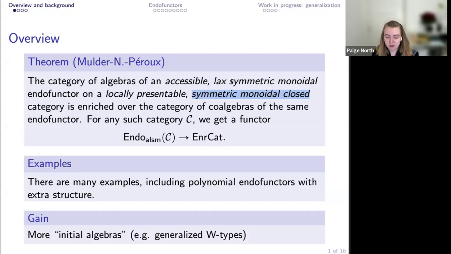And we also want the functor to be lax symmetric monoidal so that our category of coalgebras is symmetric monoidal, and then we can enrich in that. And we also assume that the underlying category is locally presentable and that the functor is accessible. And this makes it so that all the categories in sight are locally presentable and that we can just apply the general adjoint functor theorem whenever we want. And that's the technical tool that we're using all the time to prove the theorems.